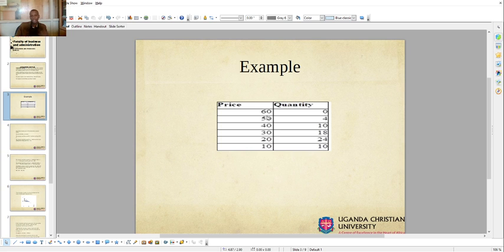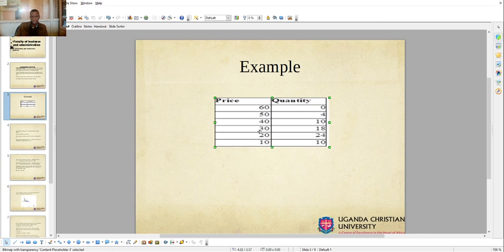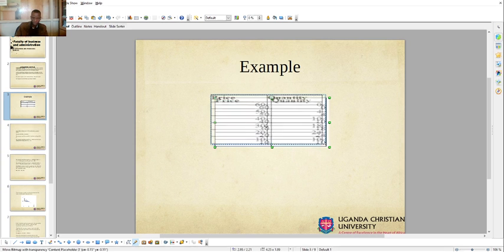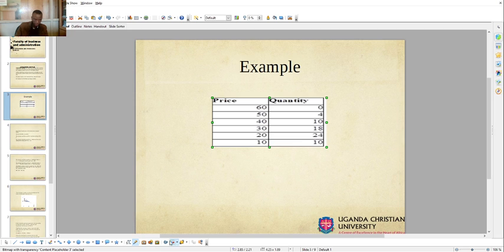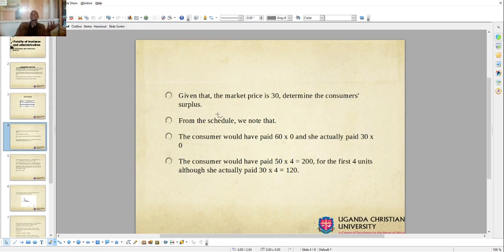Assuming the market price is 30, that is the price you actually find in the market. If it's 30, what will be the consumer surplus? We can do simple calculations in this case.